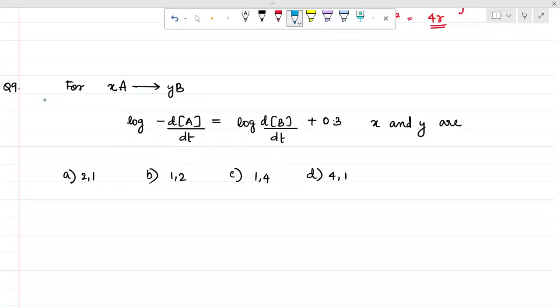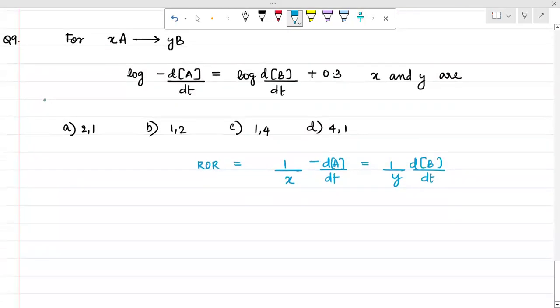So let's write the rate expression first. Rate of the reaction is equal to 1 by x times minus dA by dt, equal to 1 by y times plus dB by dt.